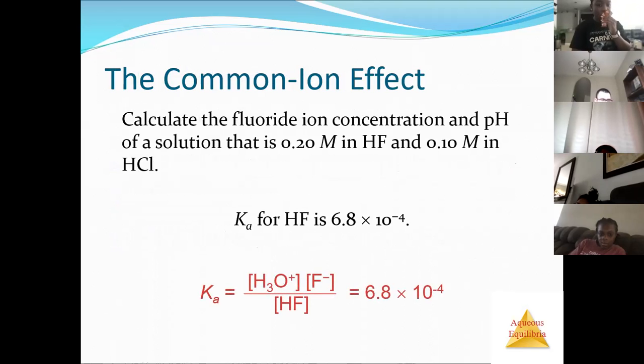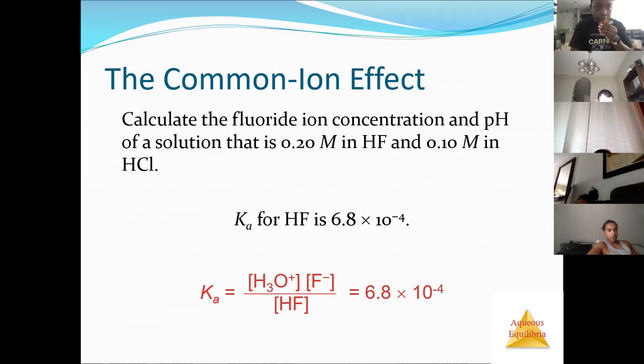Calculate the fluoride ion concentration and the pH of a solution that is 0.2 molar in HF and 0.1 molar in HCl. The Ka for HF is 6.8 times 10 to the minus fourth, and that is my Ka expression. Now, I am not starting off with my H3O+ being 0.